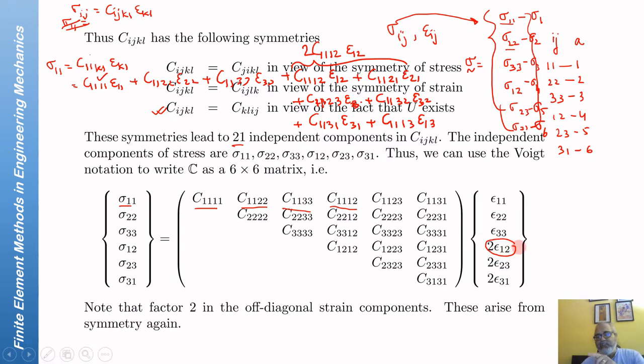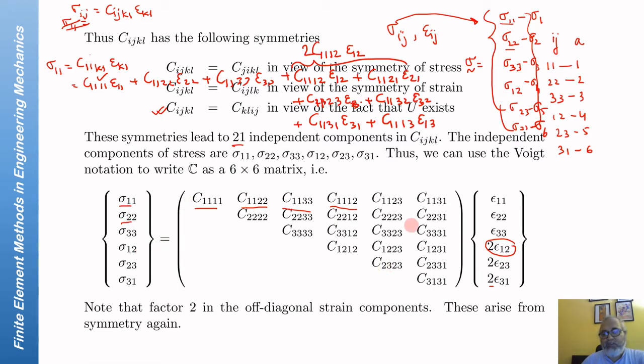So the shear strains are doubled when you write them in Voigt notation, because this term C1112 times 2 times epsilon 12 actually represents the combined effect of these two terms. Similarly, these two terms are represented by this 2 in front of 23, and finally this 2 in front of 31. You can write down the equation for sigma 22, sigma 33, and so on.